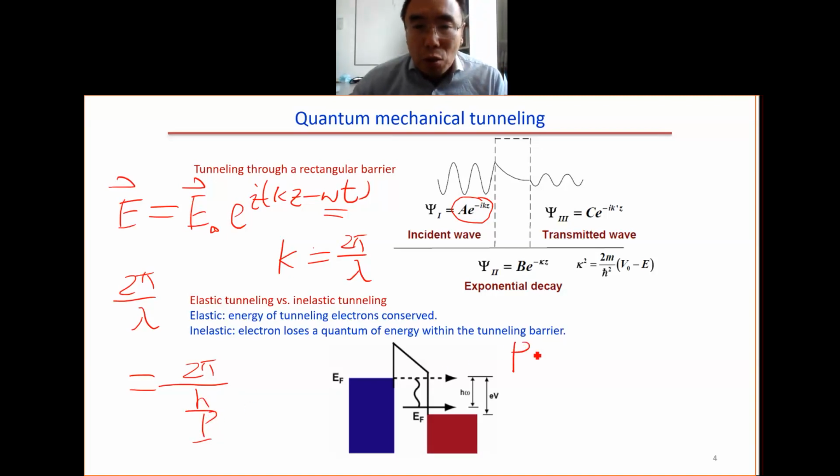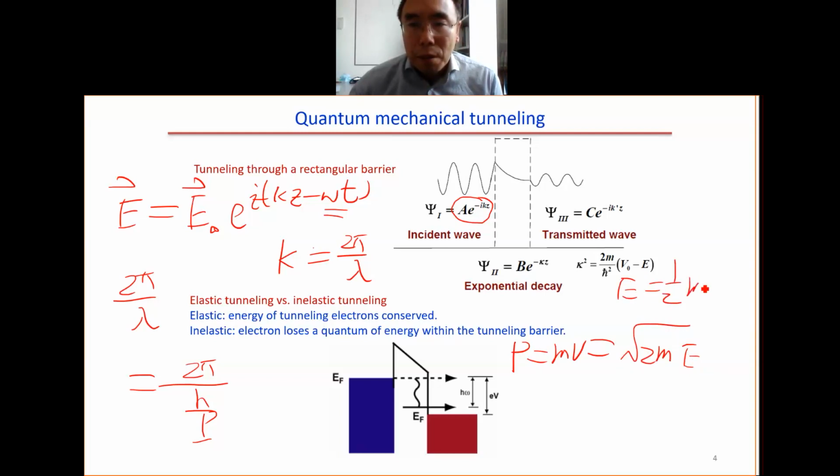The energy is given by, we know about those things, right? So this is the momentum, this is energy. As a result, you get this one, given by h over 2 pi, which is h bar. So they have this one term.